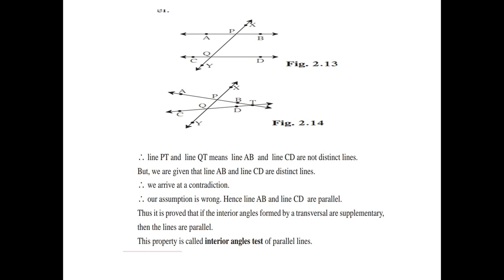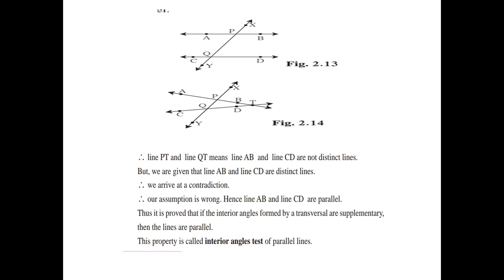Therefore, line PT and line QT, that means line AB and line CD, are not distinct lines. If they are intersecting and their angle is 0 degrees, that means they are not different lines, they are the same line.